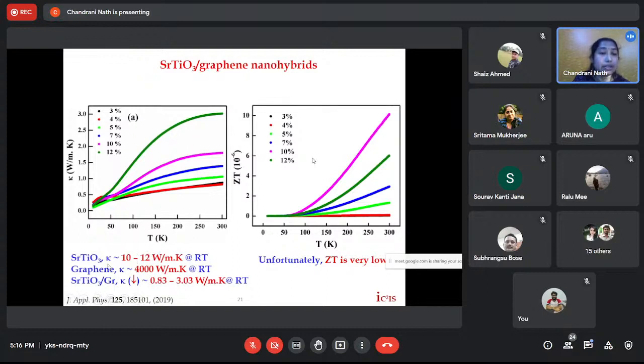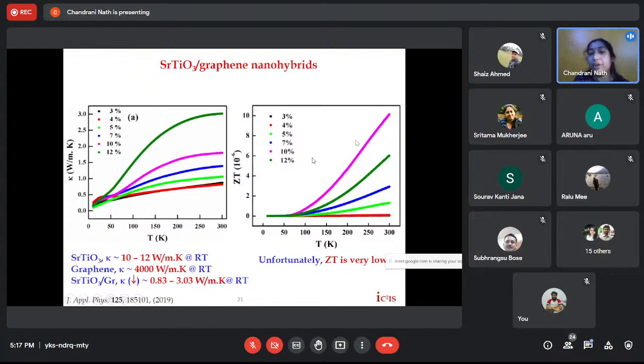For strontium titanate, the usual thermal conductivity is 10 to 12 watt per meter Kelvin at room temperature, while graphene is a very good thermal conductor as well as electrical conductor, close to 4000 watt per meter Kelvin. But for our system, we could considerably decrease the kappa value to 0.83 to 3.03, depending on the graphene loading, at room temperature.